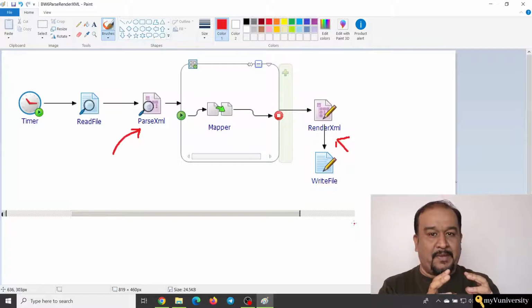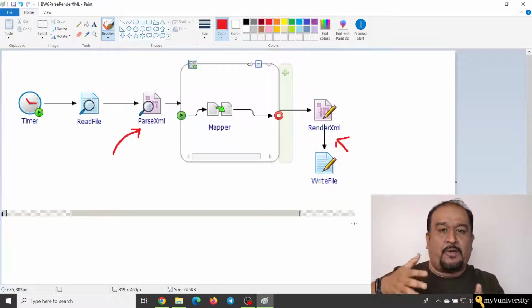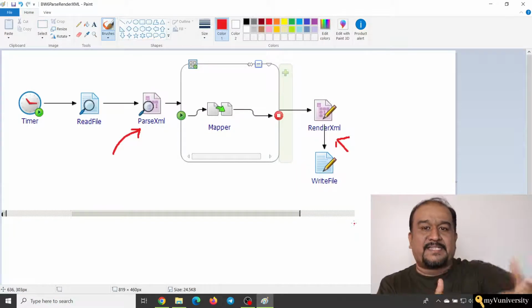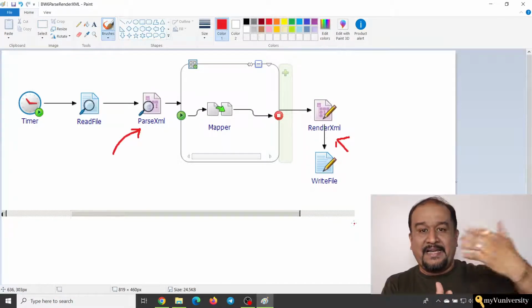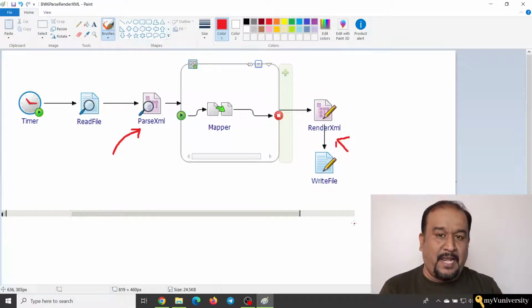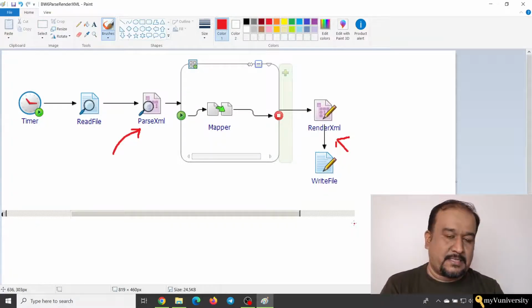So Render XML actually takes the details from the previous activities and it writes the XML. It renders the XML, generates the XML as per the attached schema. So you need to specify the schema in Render XML as well, so that according to that schema, it should generate the XML. So that is the job of Render XML.